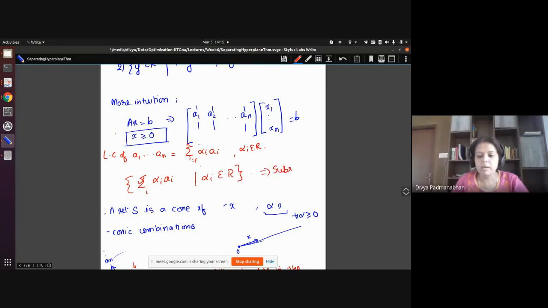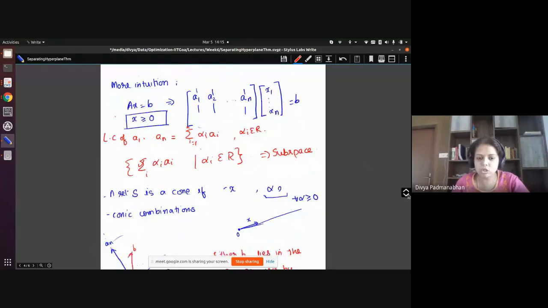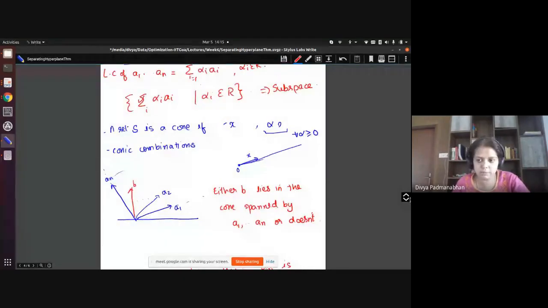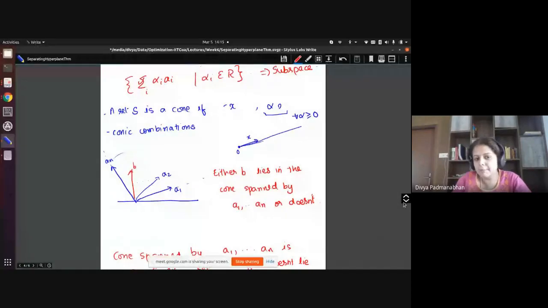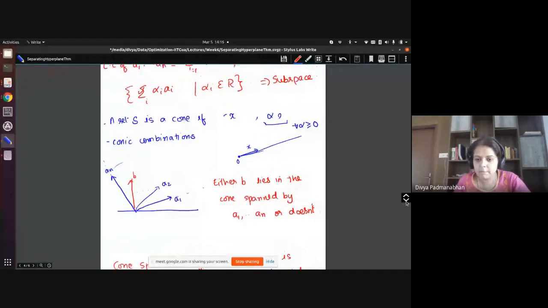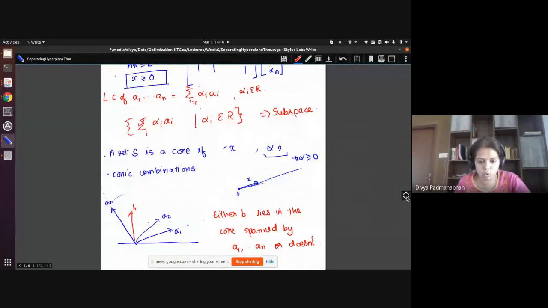But if you have this additional restriction that alphas are greater than or equal to 0, non-negative, then what you're going to get is a different object. It is again spanned by these a1 to an, but that object is called a cone.